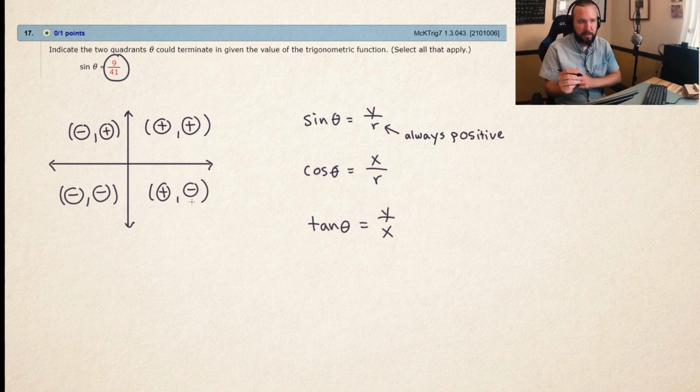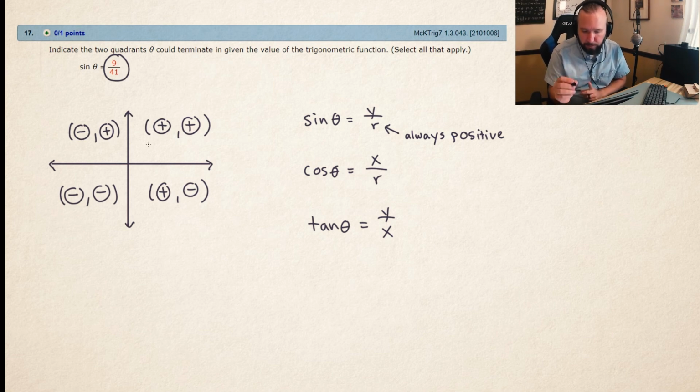So let's look at the places. We are given that sine is positive. The only way that sine could be positive is if the y coordinate is positive, because r is always positive.